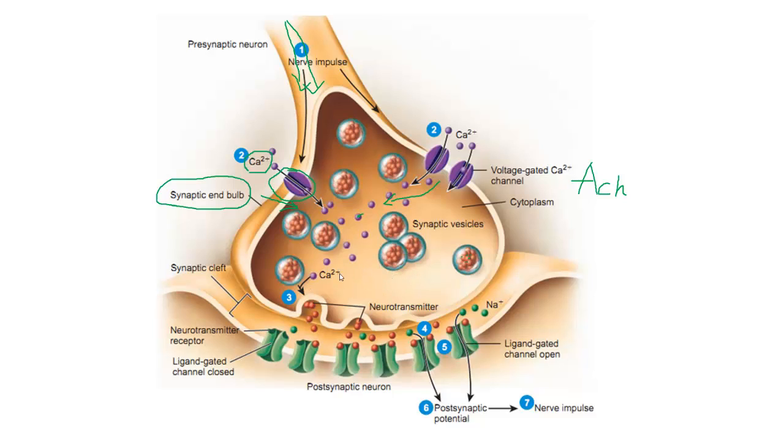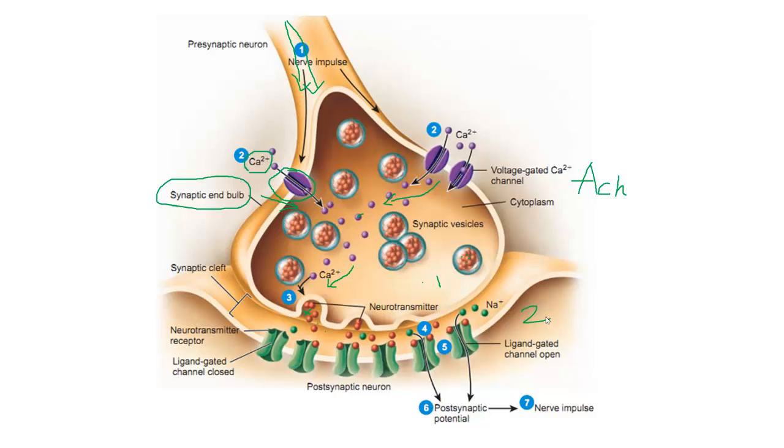So these red beads are being exocytosed into this teeny tiny gap between neuron 1 and neuron 2. This is neuron 1, this is neuron 2. That gap is referred to as the synaptic cleft. So the acetylcholine is being released into the synaptic cleft.